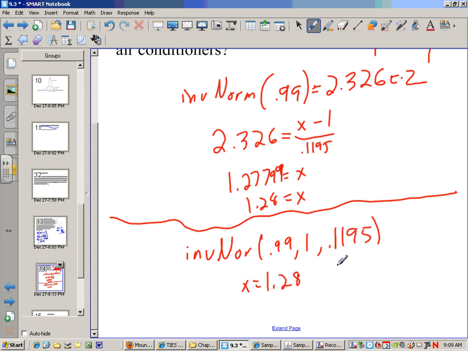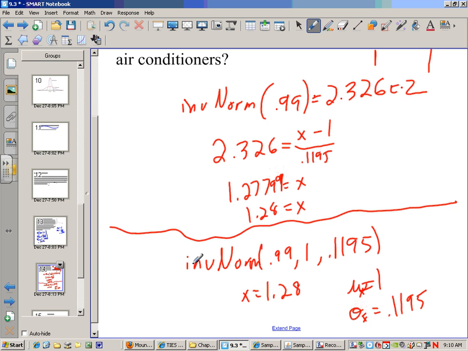Now this isn't enough work to get credit. What we'll have to do here is write somewhere that the mean of x bar equals 1 and the standard deviation of x bar is 0.1195, and then draw the picture. Just writing the answer or just writing this inverse norm is not enough.